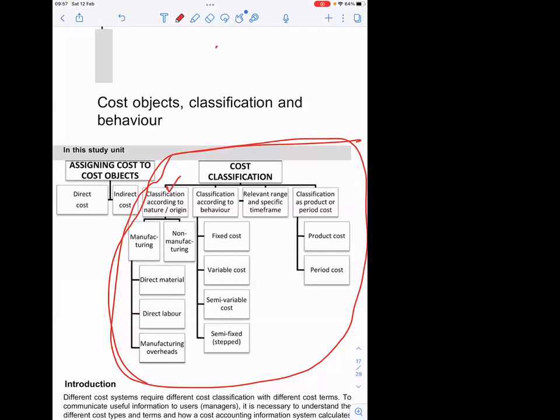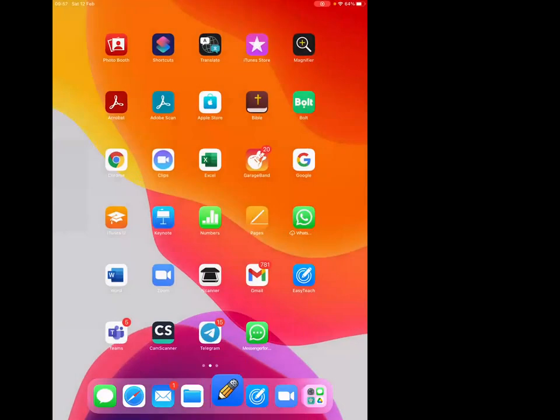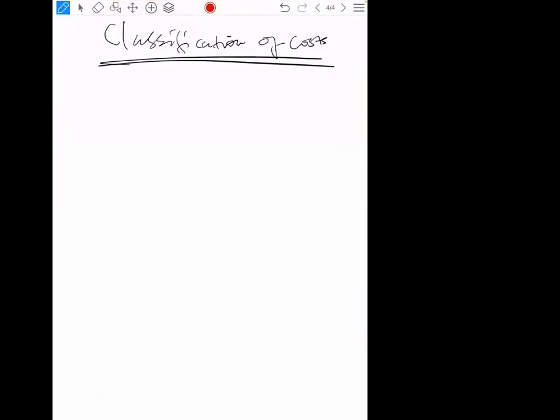The first classification, number 1, according to their nature or origin. Okay, that's the criteria for classifying cost by management accountants.